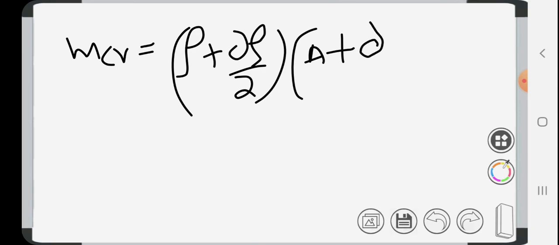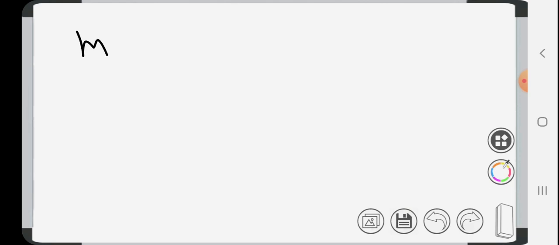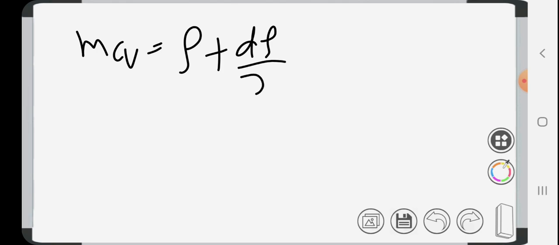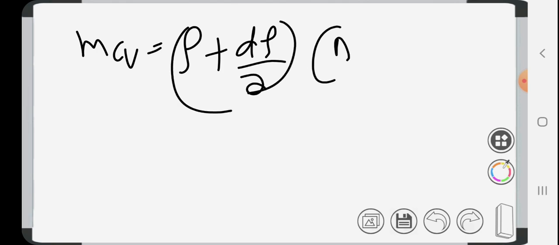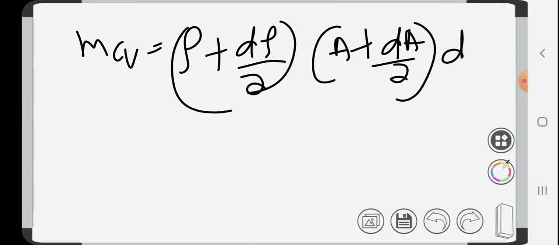You can write d rho itself, the mass in the control volume, as rho plus d rho by 2 into A plus dA by 2 into the length of that section, dx. So you multiply rho A into dx, and you can neglect all the higher differentials.